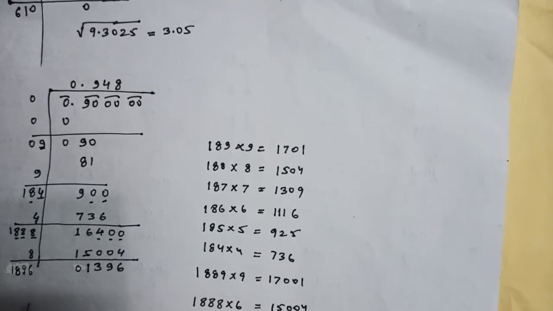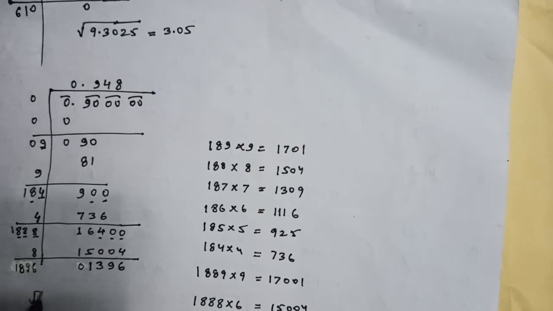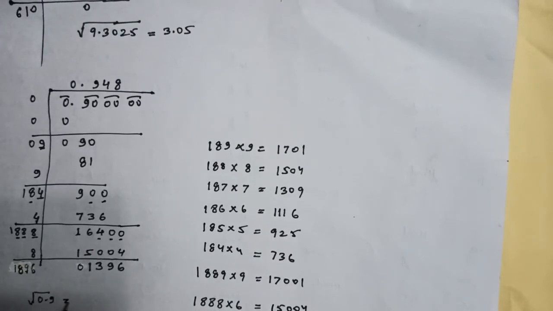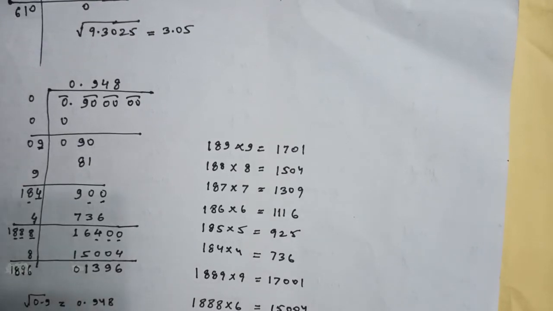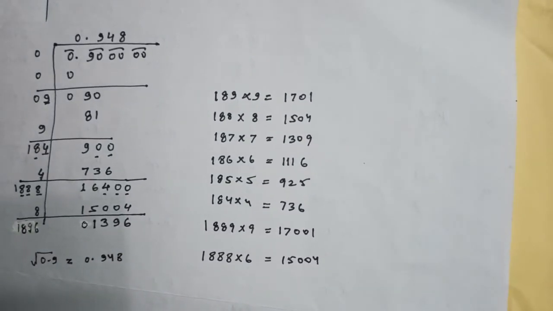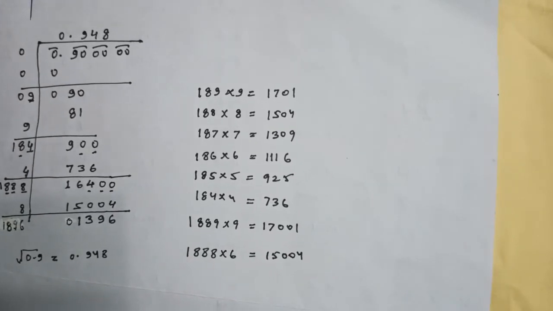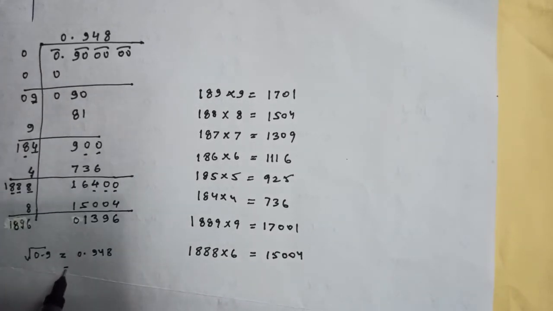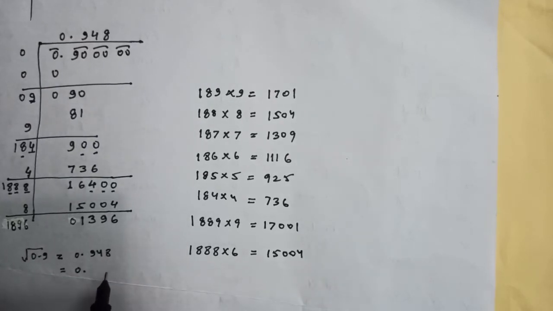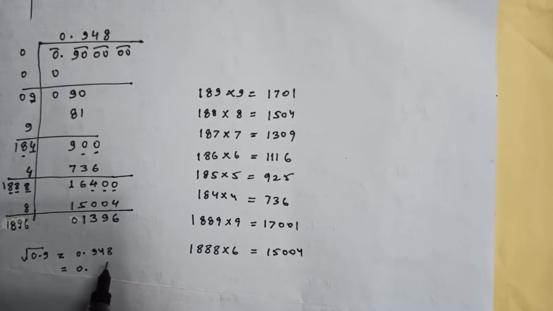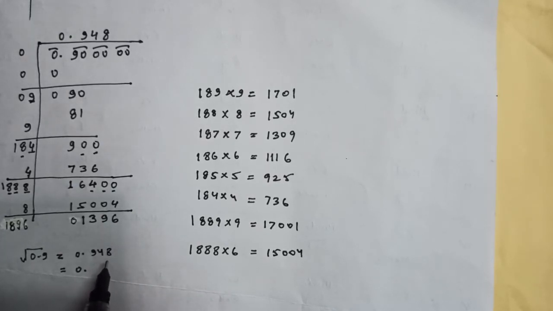So the square root of 0.9 is 0.948. If the last digit is more than 5 or equal to 5, then we neglect this and increase the left digit by 1.